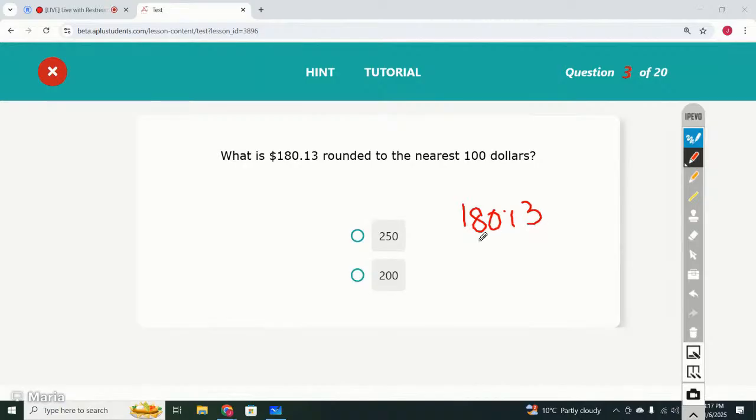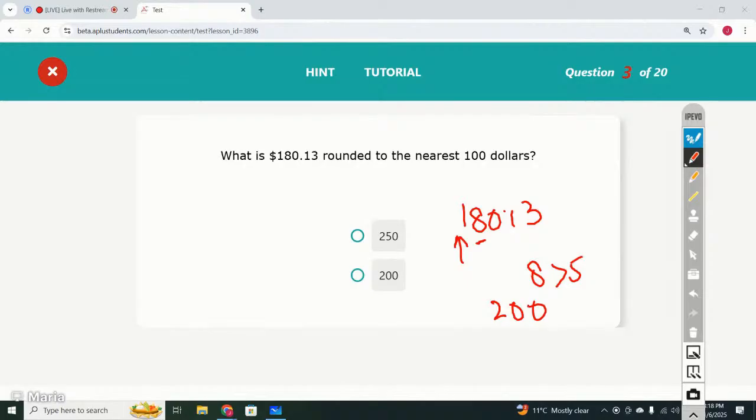Let me just explain how, right? The digit that is at the hundreds position is 1. The next digit after the hundreds digit is 8. 8 is greater than 5, so you need to round up the hundreds digit, and the other digits are 0.